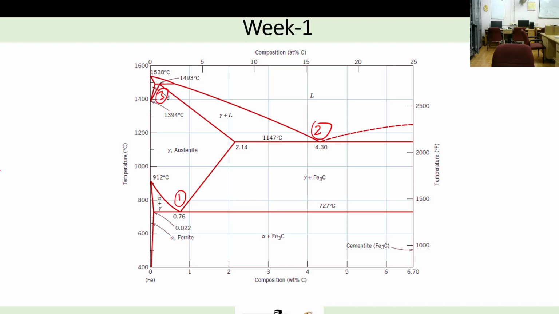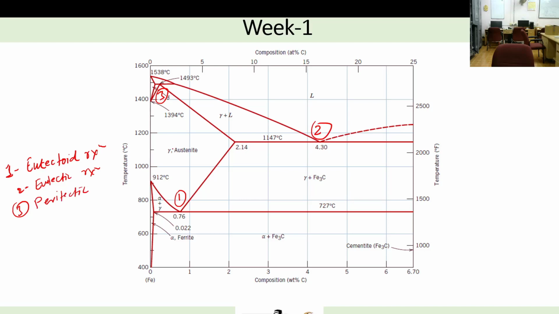The first one is nothing but the eutectoid reaction. The second one, can anyone tell what it is, if you are able to recall? Eutectic reaction, correct. And the third one is peritectic. So this is the peritectic reaction.